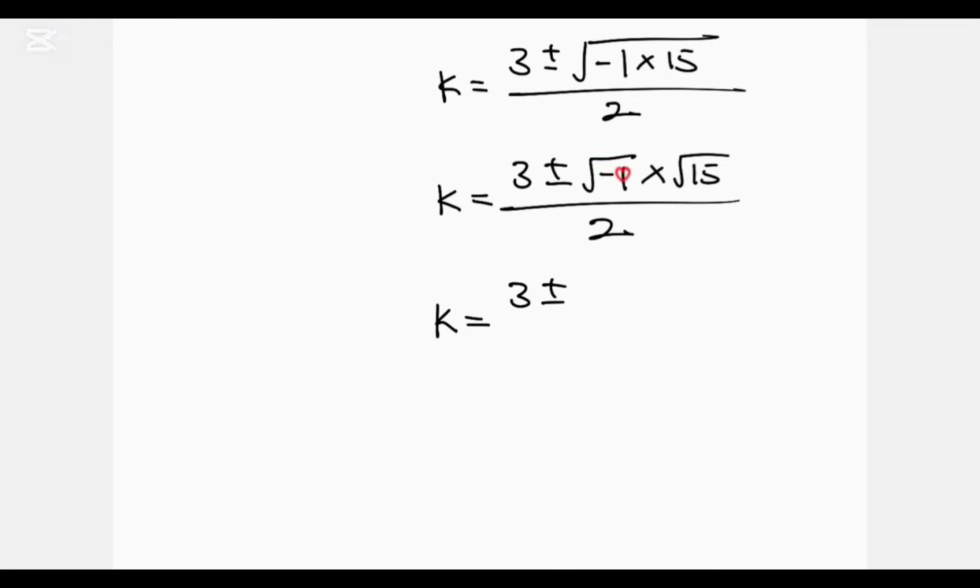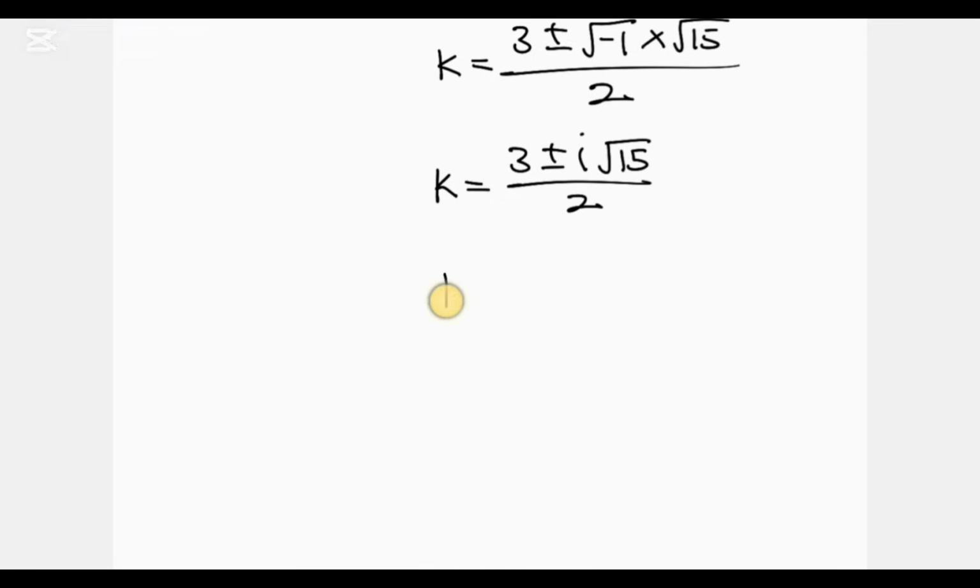Now the square root of negative 1 is a complex value, which is known as i, and then times the square root of 15. So 15 is not a perfect square, so it is going to stay inside of the square root, all over 2. Now we can separate the fraction. So this becomes 3 all over 2 plus or minus i times the square root of 15 all over 2.